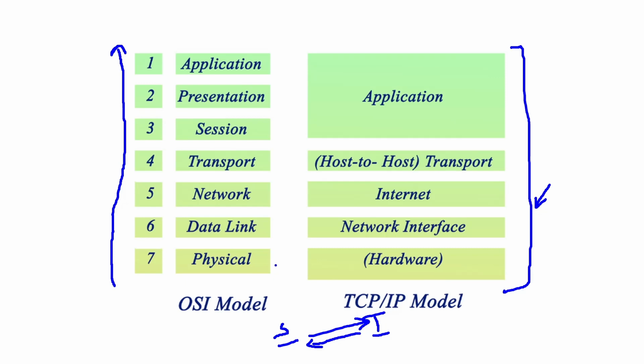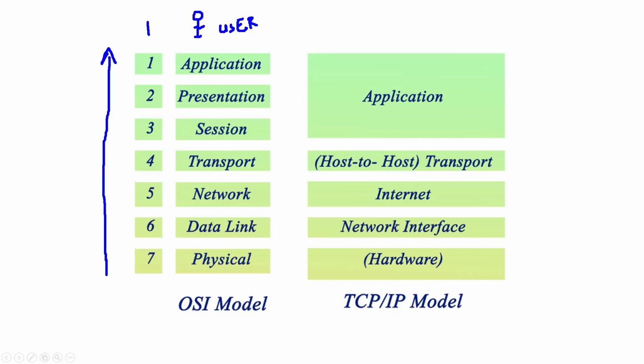The data flows in terms of bits at the physical layer, and it moves to the data link layer, then to the network layer, transport layer, session layer, presentation layer, and eventually the application layer. After this, there will be a user who will be accessing the application.